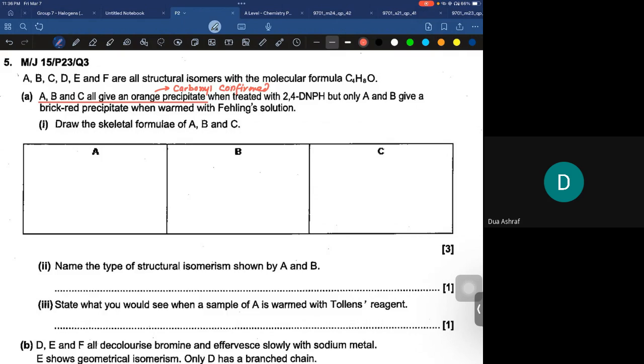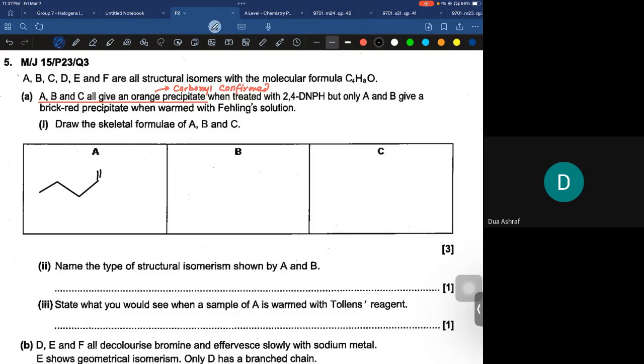Okay, draw the skeletal formulae of A, B, and C. You know the molecular formula, that is C4H8O. So they all are structural isomers of each other. I would be drawing the skeletal formula first.